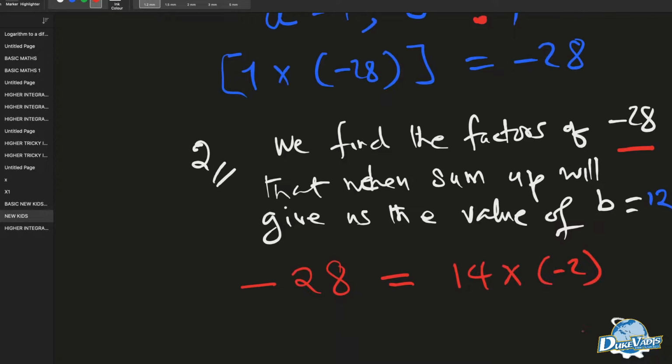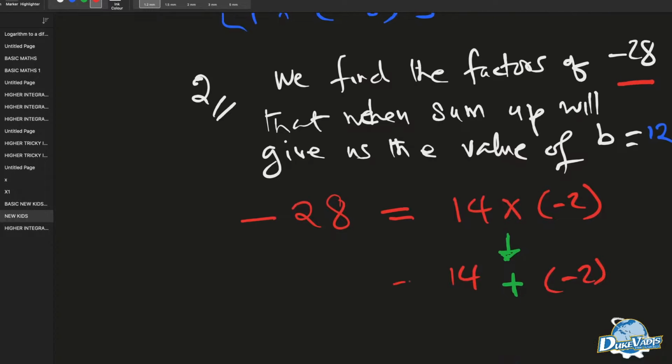Why am I saying that? 14 times minus 2. When we sum it up, removing the multiplication sign, that is how we test to see that it is the right factor. We change the sign to plus and put our values, 14 minus 2.